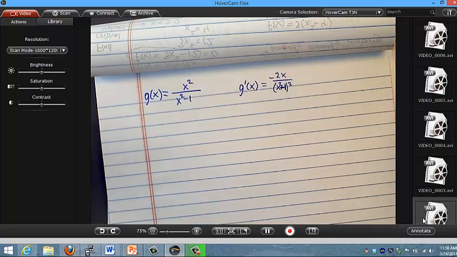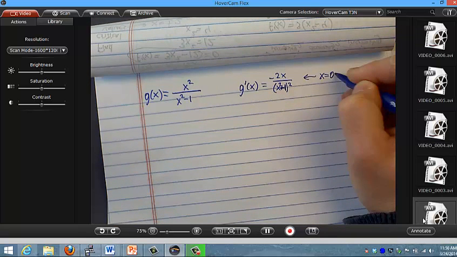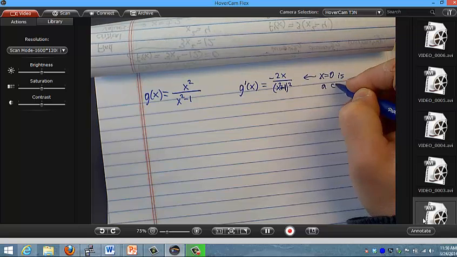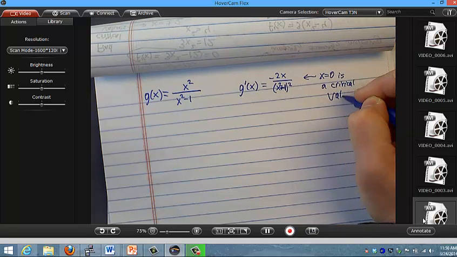So there's the original function, and there's the derivative. We found out from this that x equals 0 is a critical value. Now I'm ready for the first derivative test.